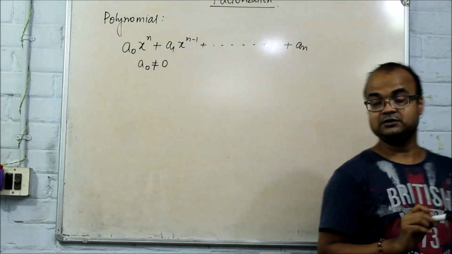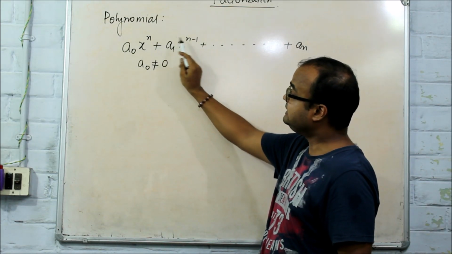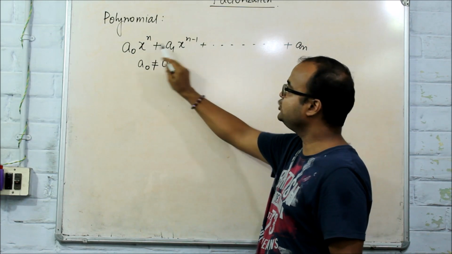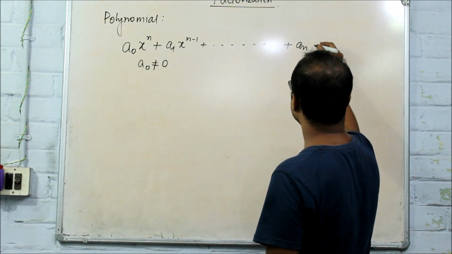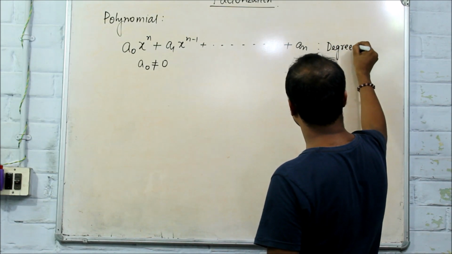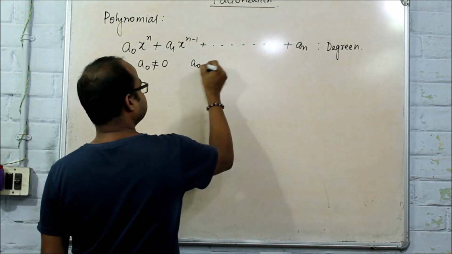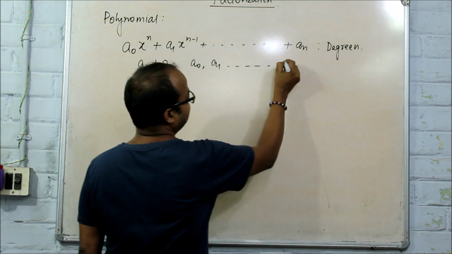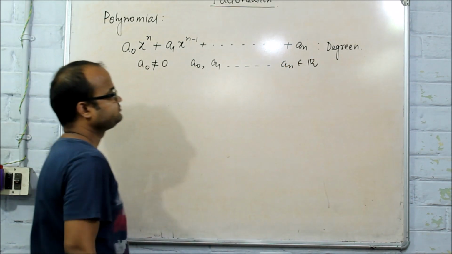What will happen if a0 becomes 0? The degree of the polynomial reduces to n minus 1. So this is a polynomial of degree n, and a0, a1, ..., an all belong to R.